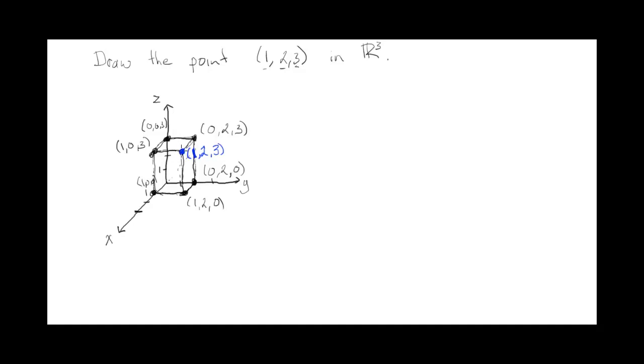It gives you an idea of where the point actually is in R3. And anytime you graph a point in R3, you need to draw this rectangular prism to give that illusion of depth, or that 3rd dimension, because you're drawing on a 2-dimensional page. So that's how you draw points in R3.